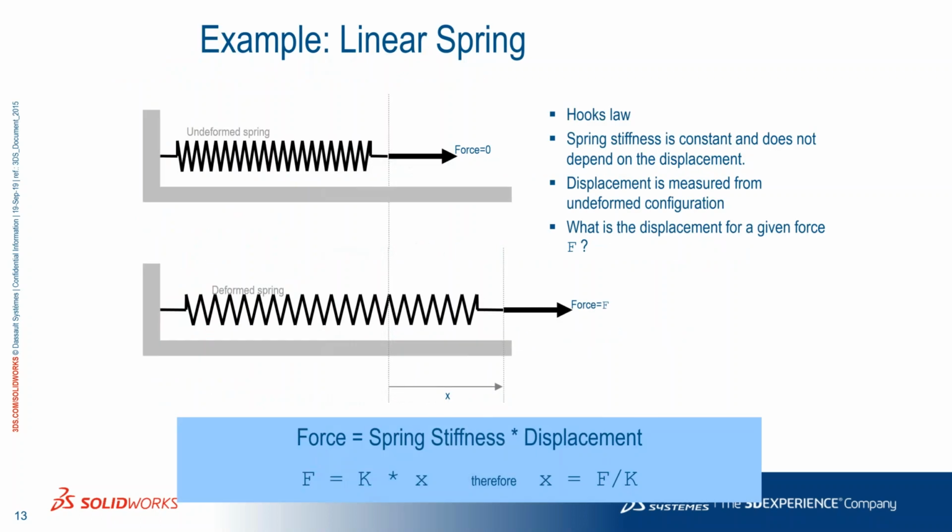For example, we can take a linear spring. Just for starting, this is a normal spring that maybe you are using. So F in this case is related to X with a constant, the K constant. And this is a linear approach. So again, if I double the force, I get double the distance.